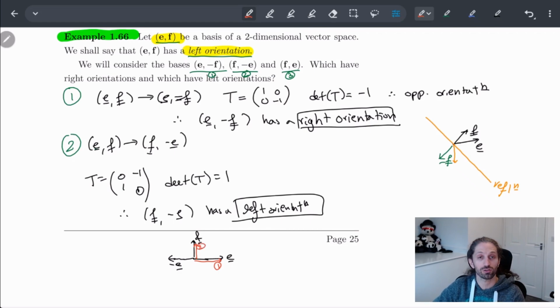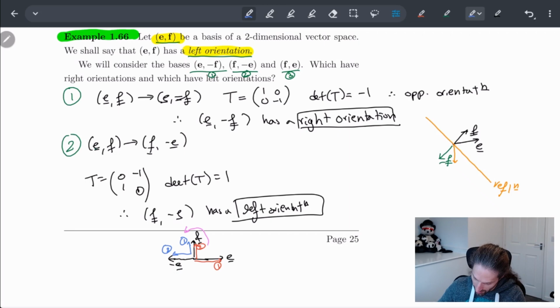Now, in the second one, our 2 vectors are these 2, but this one is first, the top one, and this is second. So in other words, you can think of this right angle as just rotated over. This is just a rotation of everything over by 90 degrees. Okay, so that's both of these.